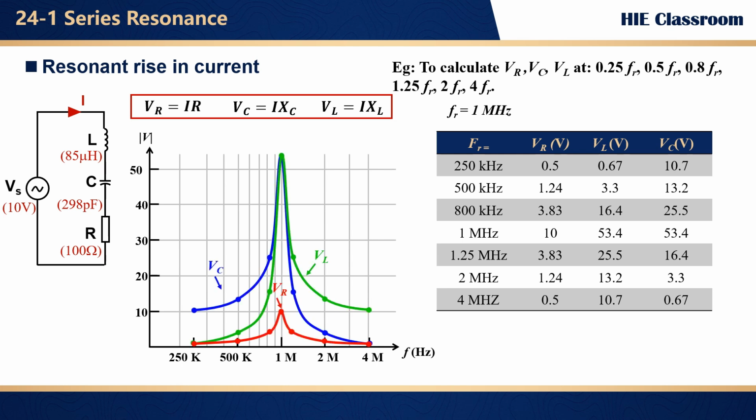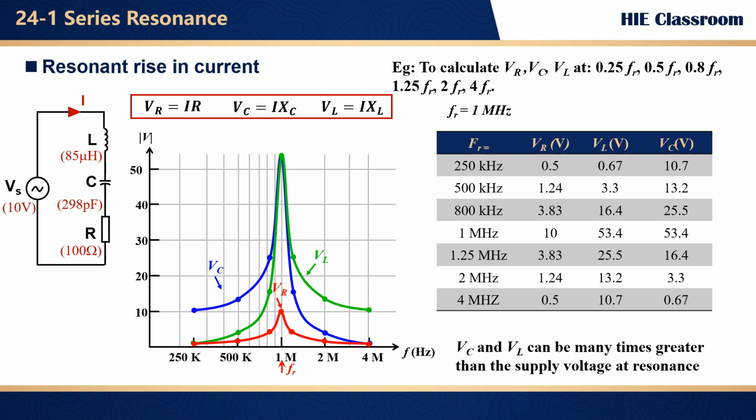What do we see? Their graphs look a lot like the current versus frequency graph we talked about before. At resonance, 1 megahertz, the voltages across the capacitor and inductor spike up way higher than the supply voltage, sometimes many times bigger.